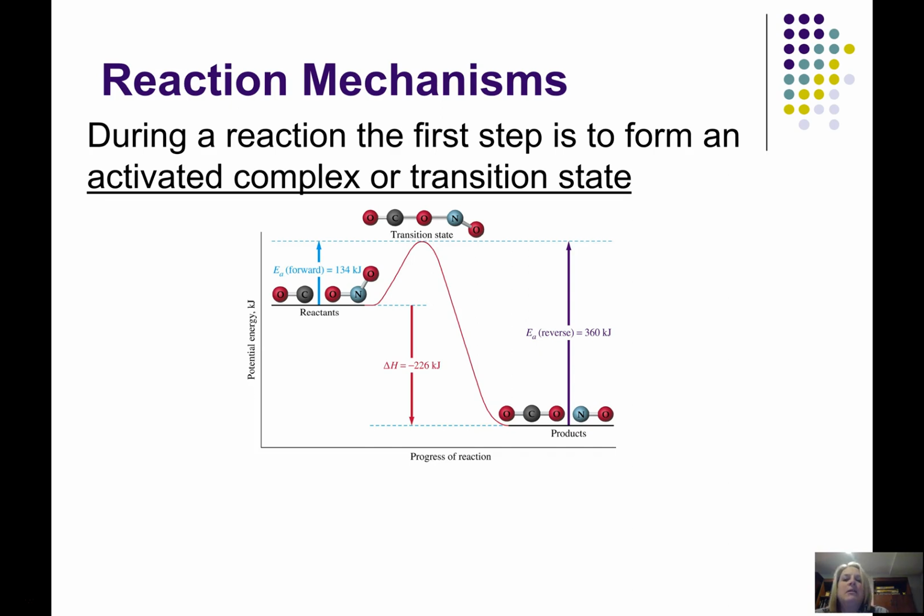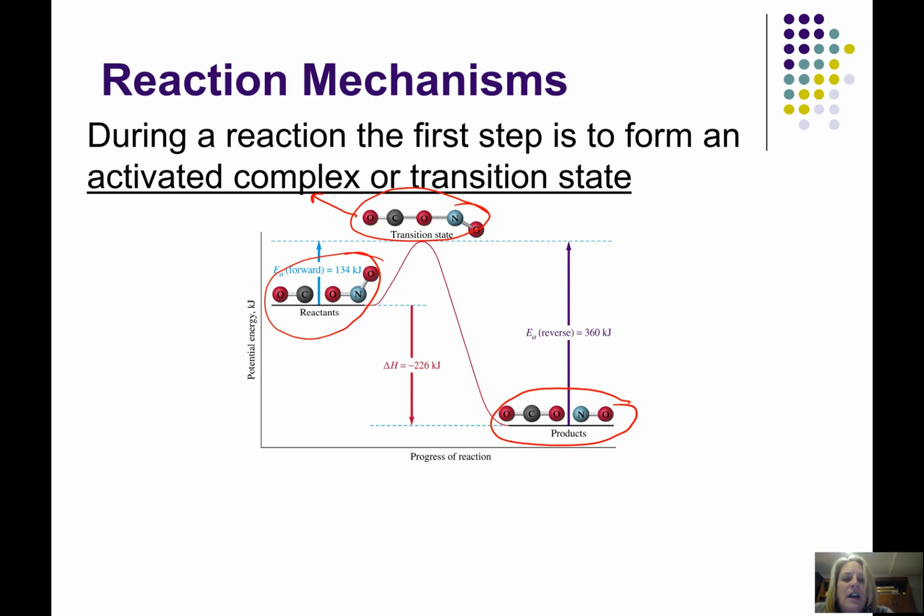You're going to have to be able to recognize that the first line, the flat part, are our reactants. You're going to have to recognize that at the very top of the peak is our activated complex, which you could call a transition state. That is fine. And that the bottom, the very end, I shouldn't say the bottom because in an endothermic reaction it would be high, but in this diagram, the very last piece is the products.